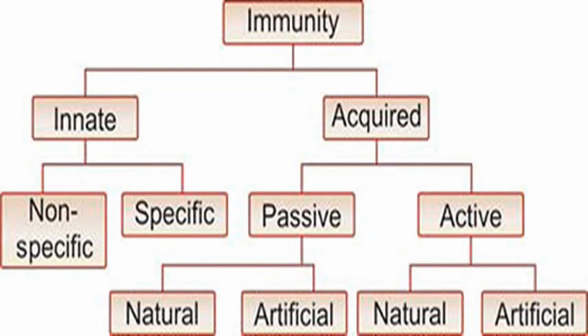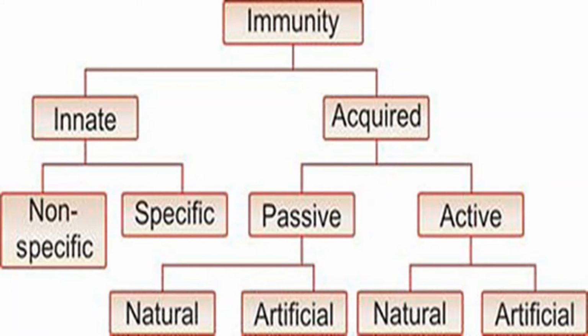But acquired immunity has to be acquired throughout our life. Innate is the inborn immunity, and acquired is something we have to get through something.